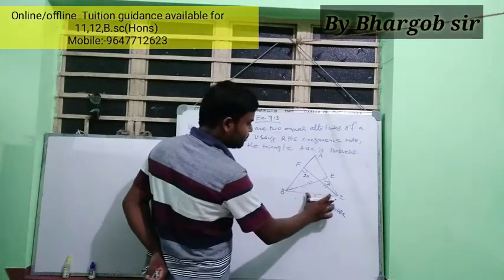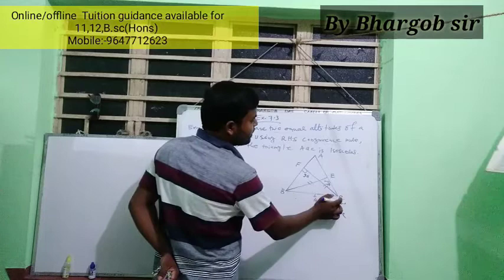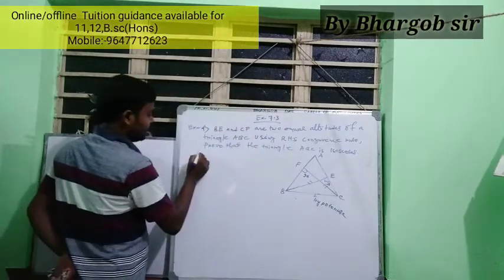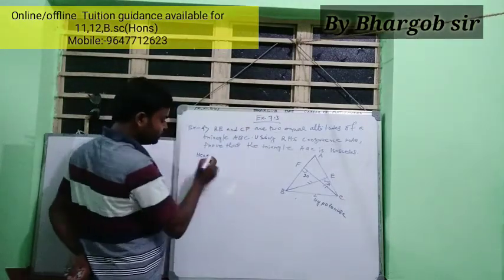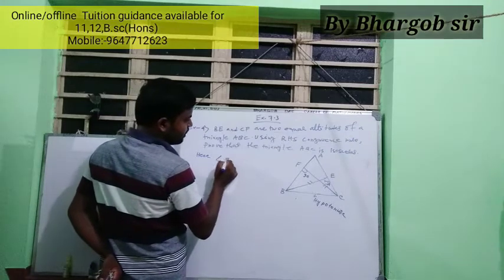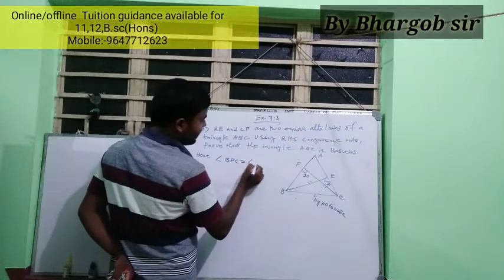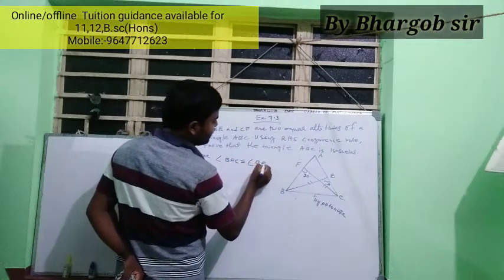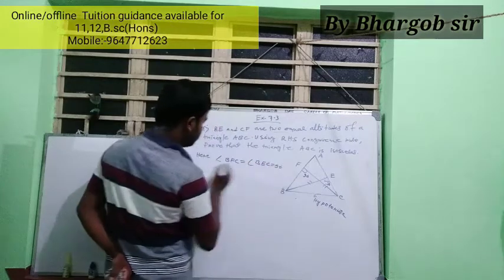So this is also a hypotenuse for triangle BCF. Here angle BFC equal to angle BEC equal to 90 degrees.